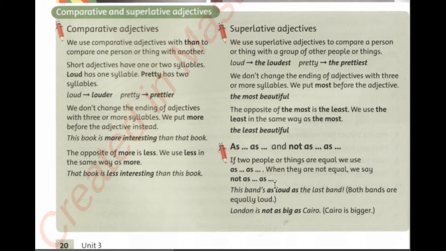As an example, we have here a band that plays music. This band is as loud as the last band. Both bands are equally loud. And then we have the next one. London is not as big as Cairo. That means London is smaller and Cairo is bigger. So London is not as big as Cairo.